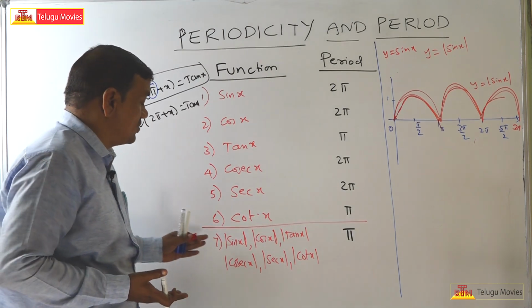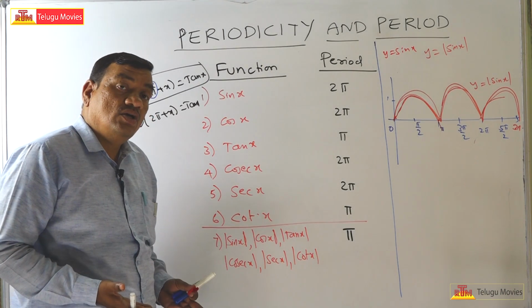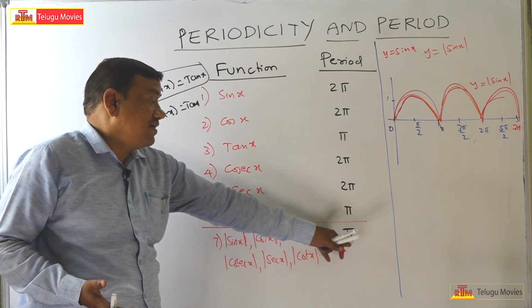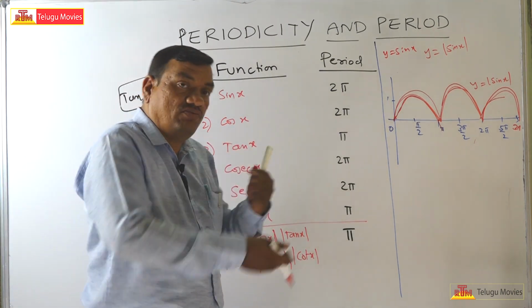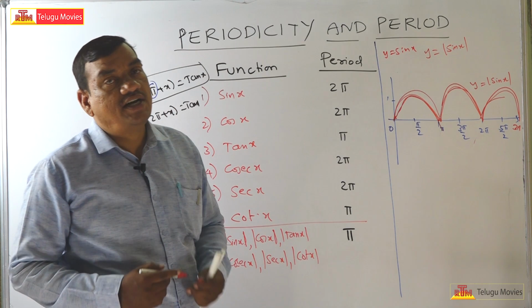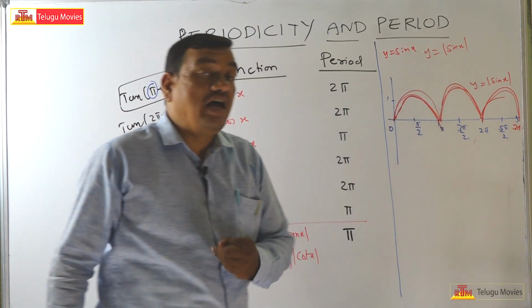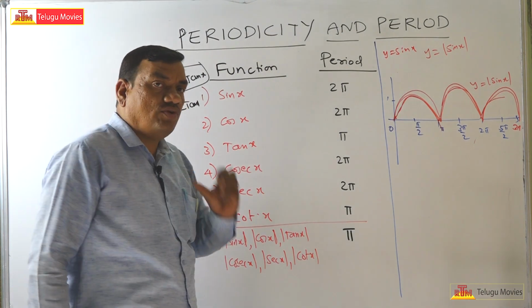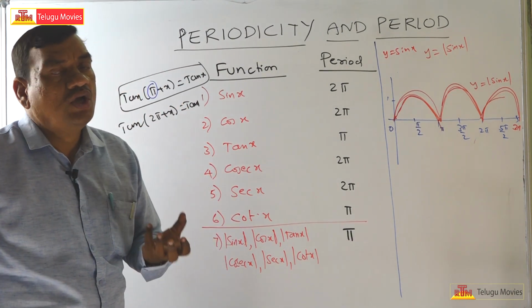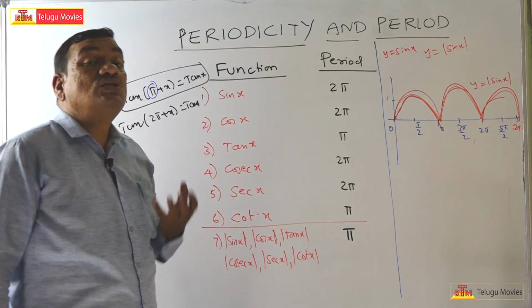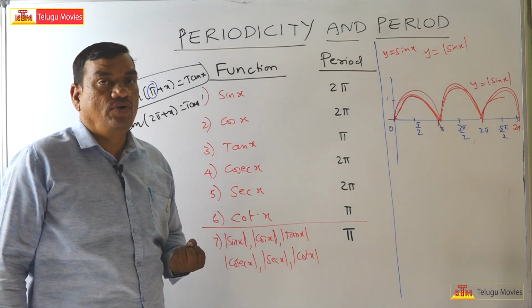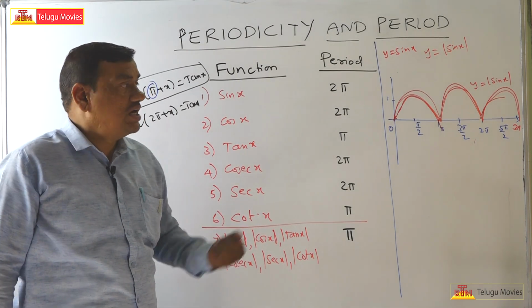That's why for modulus of sin x, the period is not 2 pi, it reduces to pi. Understand this? I hope you understand this graph. If you observe the graph, whatever the problems may be, if you draw the graphs you can derive many conclusions from them. I hope that you understand this concept.